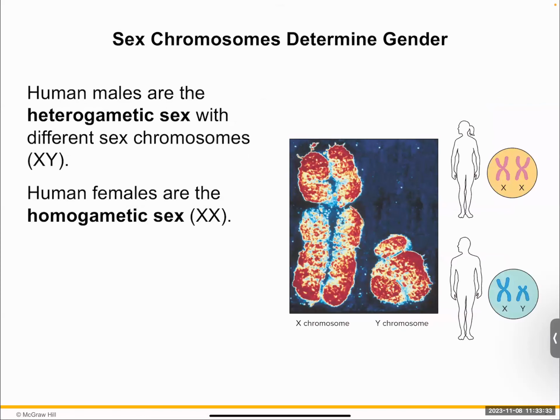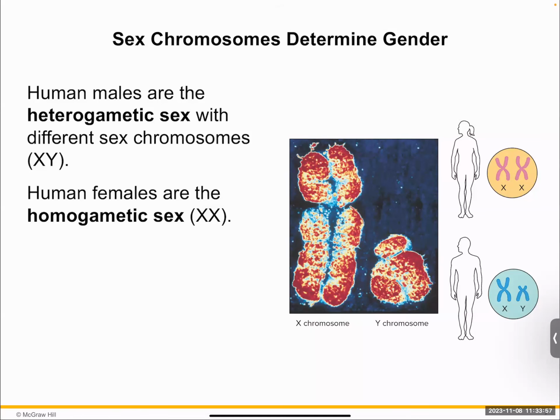Now, one of the first things that we want to understand is that when we're talking about the sex chromosomes, which is chromosome pair number 23, these are the chromosomes that determine the gender of the offspring. Anytime you have what we call an XY chromosome set, that implies that the offspring will be a male.